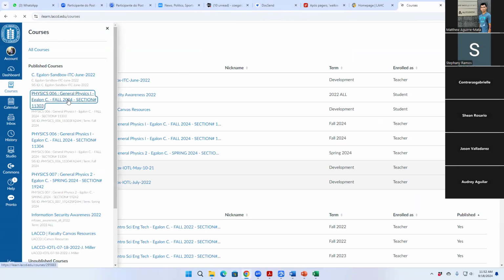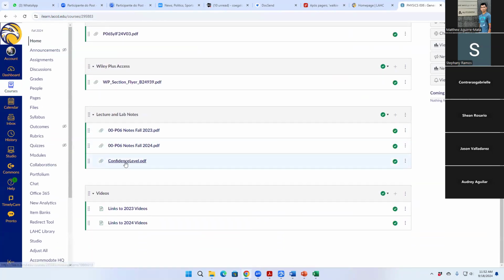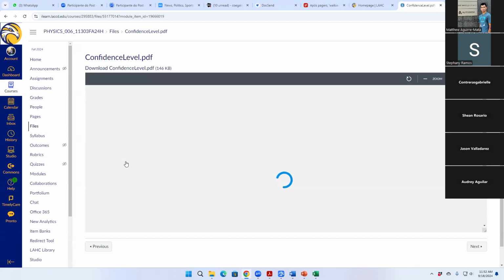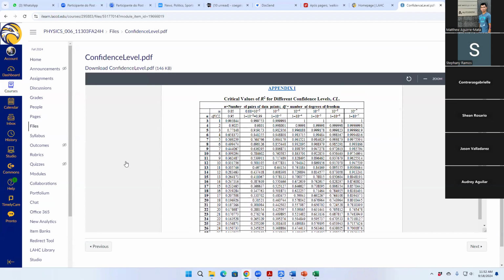The first thing you have to do is download the table. Here you go, the confidence level table. Do you have it? Download this table, first step. Do you have this table, Henry? Oh, yes, I do. Okay, good.